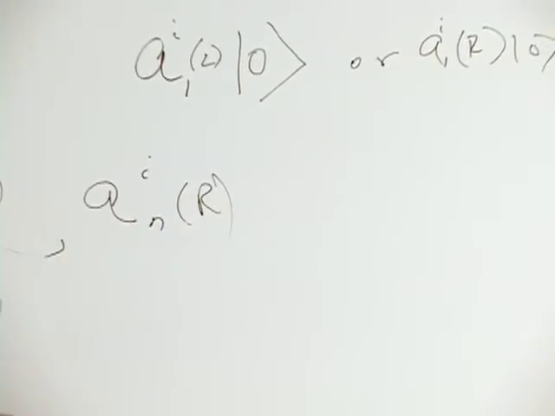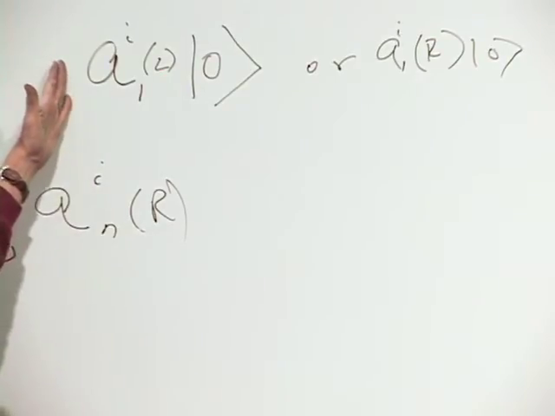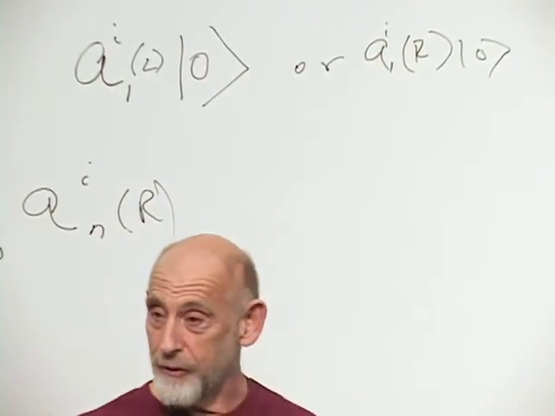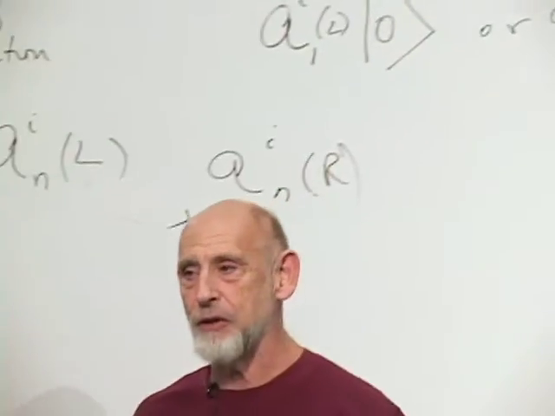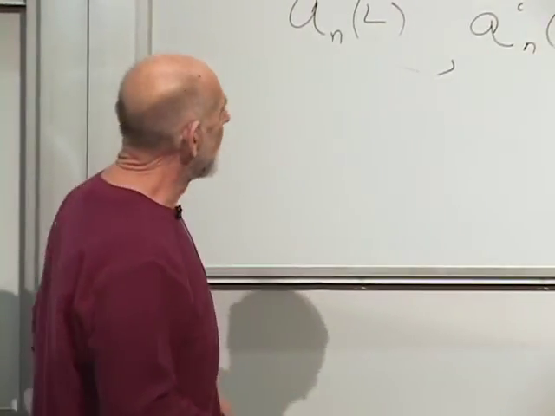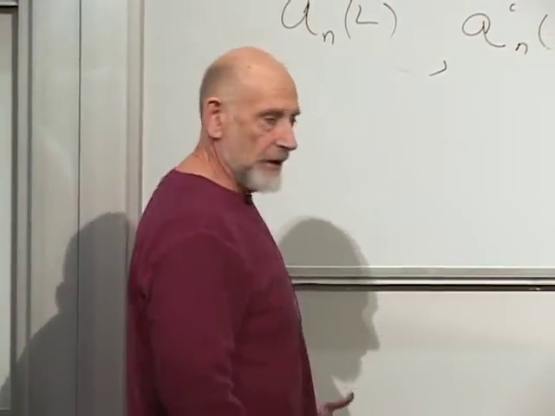But neither of these states are a legitimate option. And the reason is because this one has 1 unit of left moving energy and no units of right moving energy. This one has 1 unit of right moving energy and no units of left moving energy. And so it doesn't satisfy this principle that the amount of energy in left and right have to balance. Okay, so these are gone. They're not there.